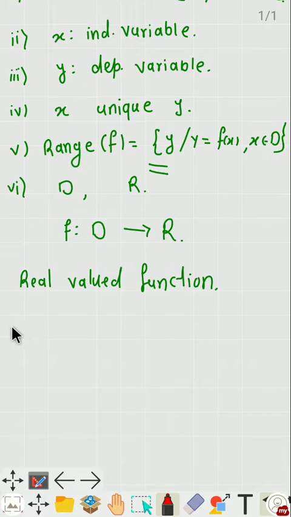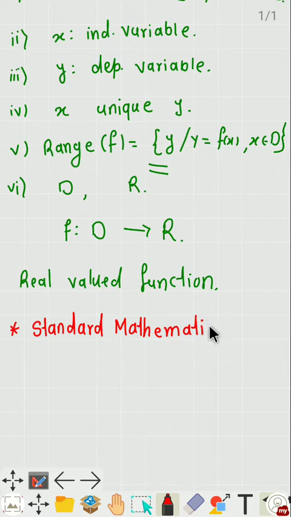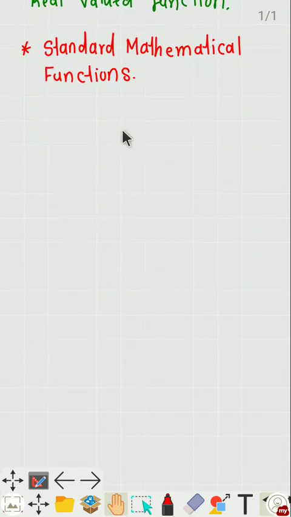So now let us go to some standard mathematical functions. We make a list here and study them one by one.